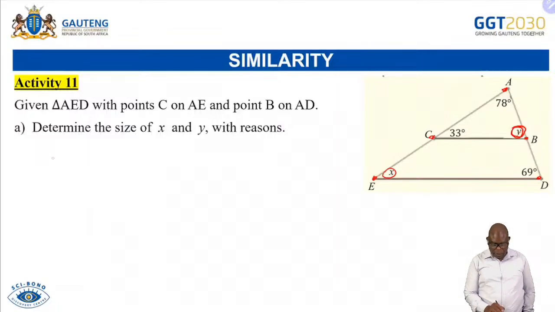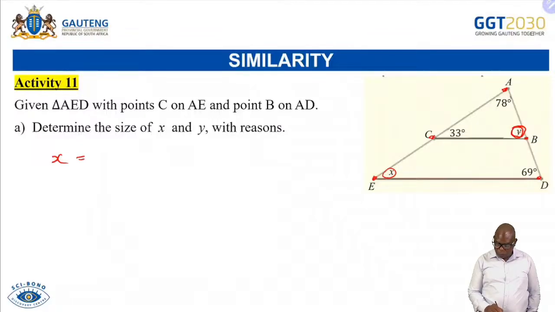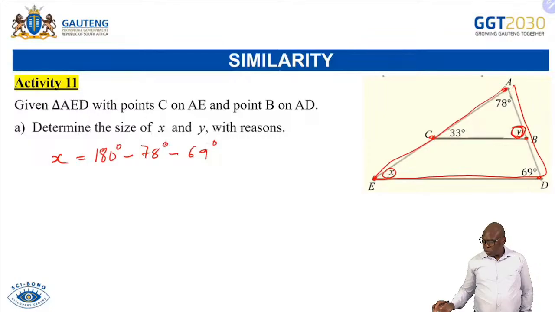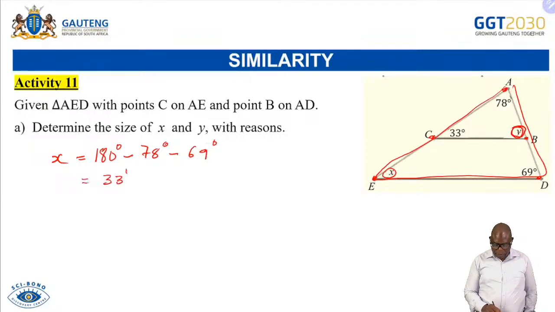Start with x. So the x angle will be equal to 180 degrees minus, remember I'm working now in the bigger triangle, 78 degrees minus 69 degrees. So that will be 180 minus 78 degrees minus 69 degrees. And the angle that I'm going to get there will be 33 degrees.